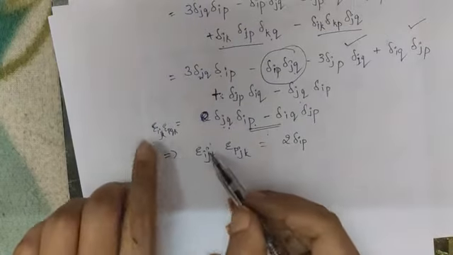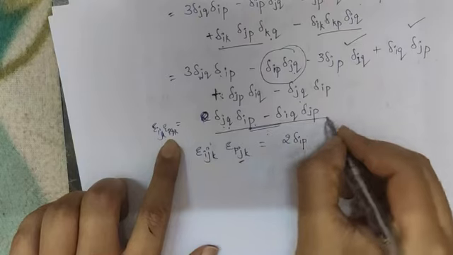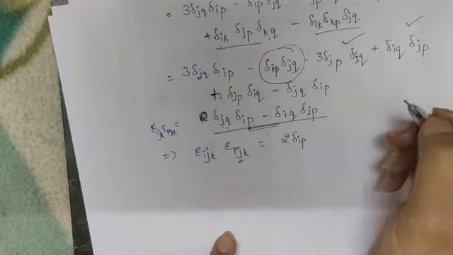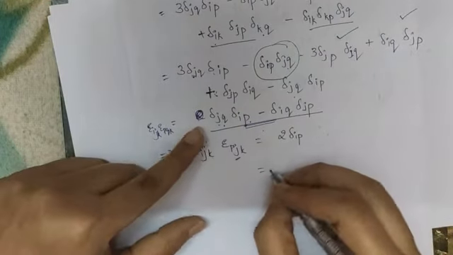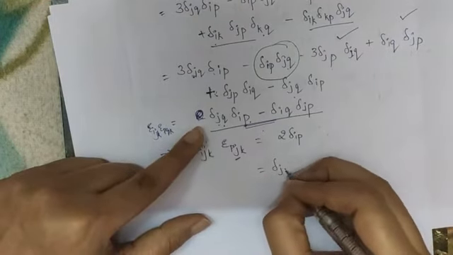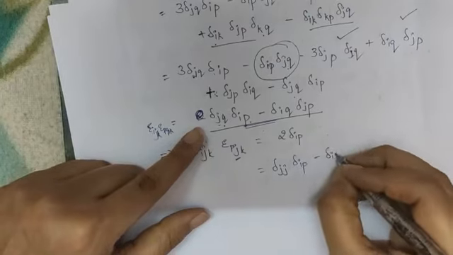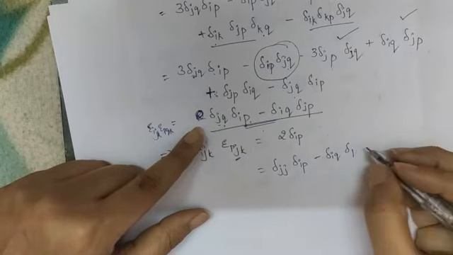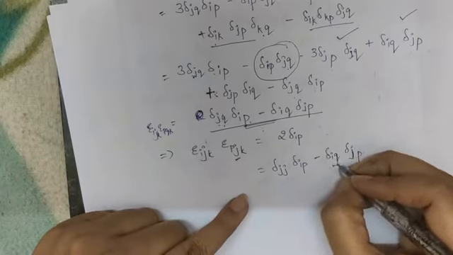Here in the place of q I have to substitute j. So in the same equality I will replace q by j. So what will happen? Delta jj delta ip minus delta iq delta jp, sorry, this is delta ij, right?